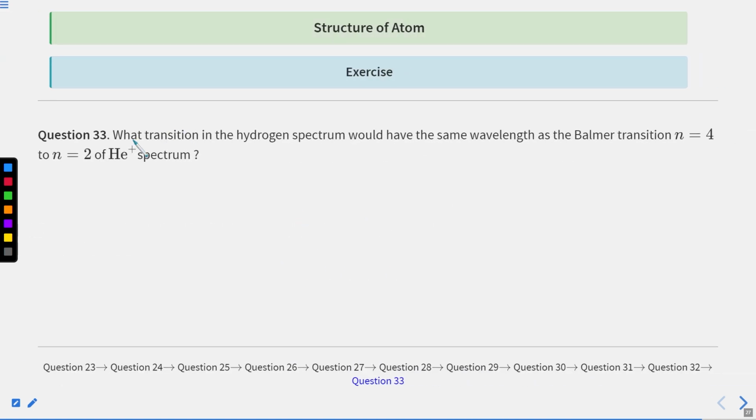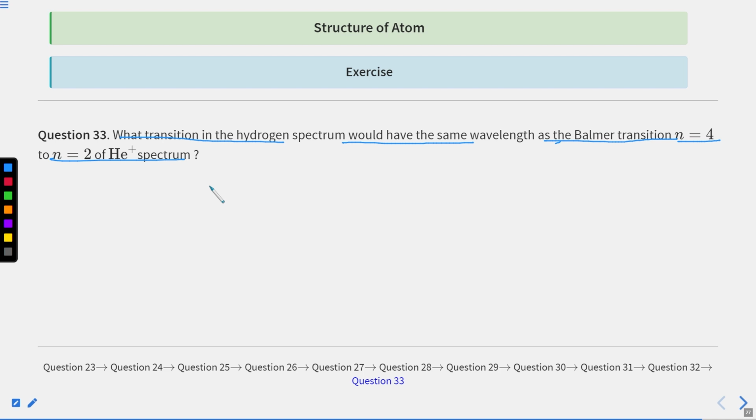Next is, which transition in the hydrogen spectrum would have the same wavelength as the Balmer transition n is equal to 4 to n is equal to 2 of the He plus spectrum? What is written is that what transition in the hydrogen spectrum would have the same wavelength as the Balmer transition from n is equal to 4 to n is equal to 2.